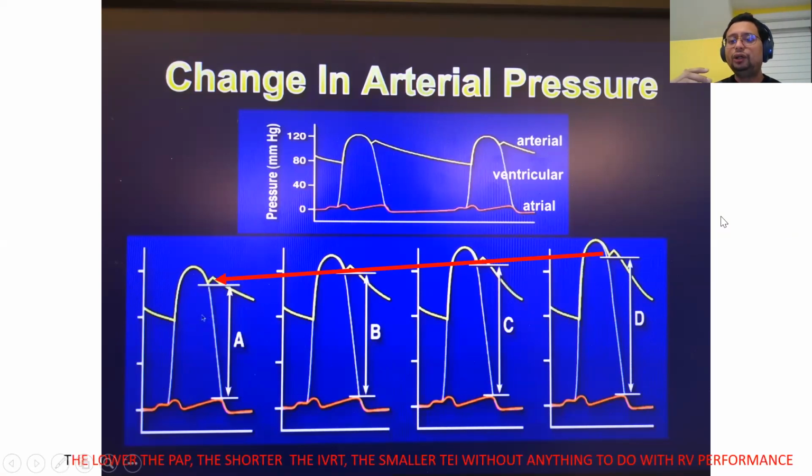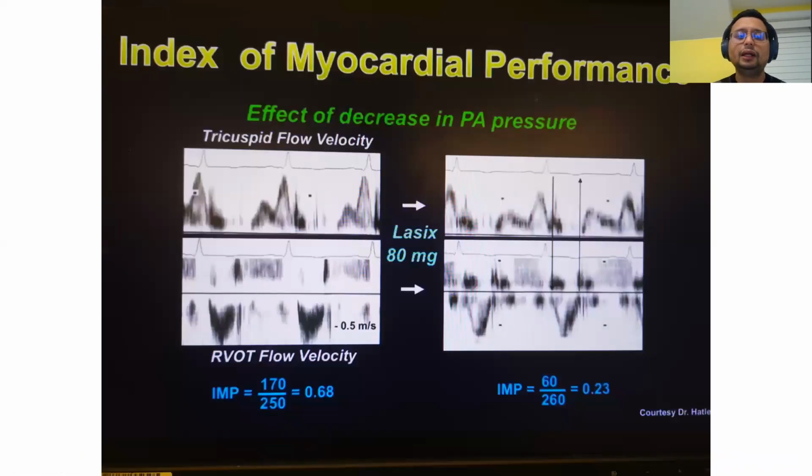Therefore, your T index will be artificially lower. There is nothing changing with the RV itself. You're only changing the pulmonary artery pressure acutely with medication, but your T index changes, and that cannot be attributed solely to RV function. That is the caveat. So, for example, a myocardial performance index of 0.6 is abnormal if you use pulse wave Doppler, where it must be less than 0.43.